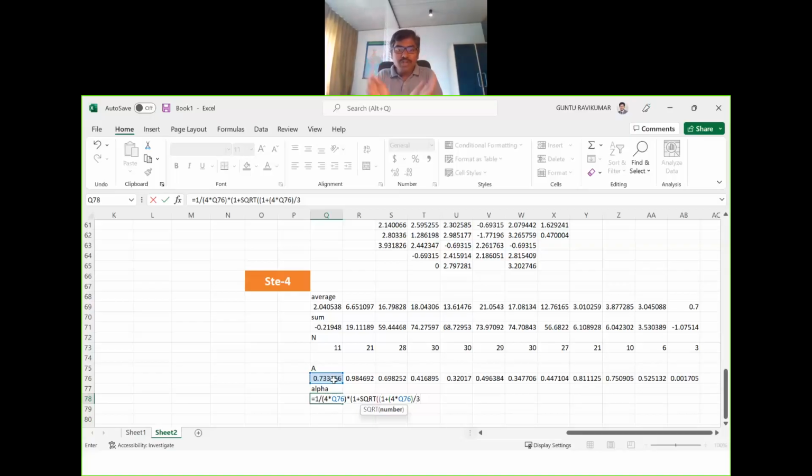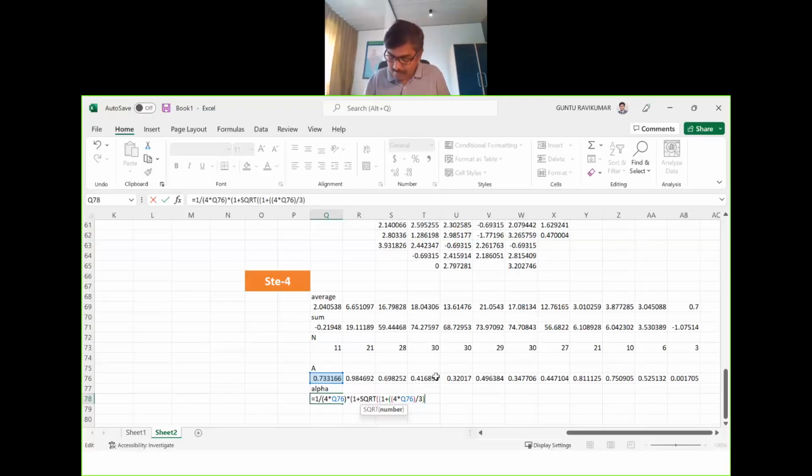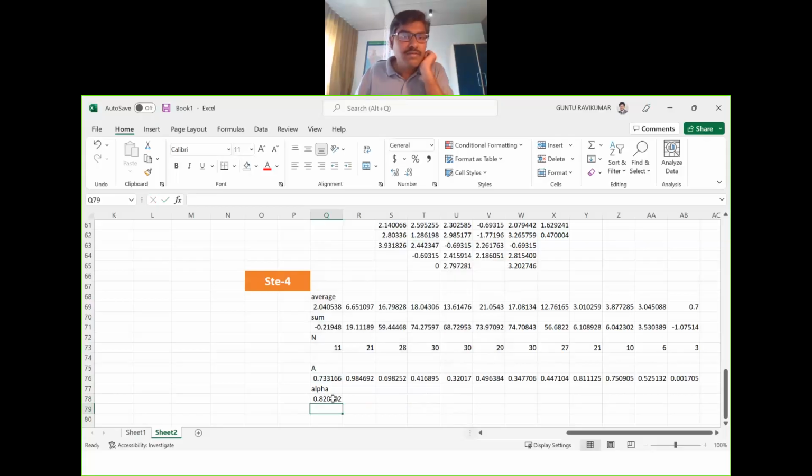I want this 4A by 3 in one bracket, so close bracket and open bracket. Good. If we have errors, it will show. So 1 by 4A multiplied by 1 plus square root of 1 plus 4A by 3, which is 0.82.